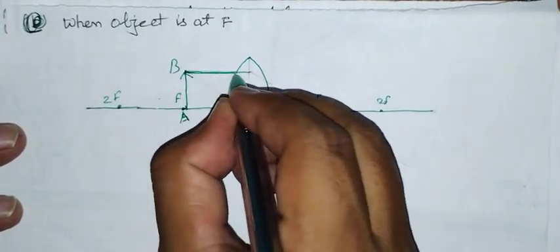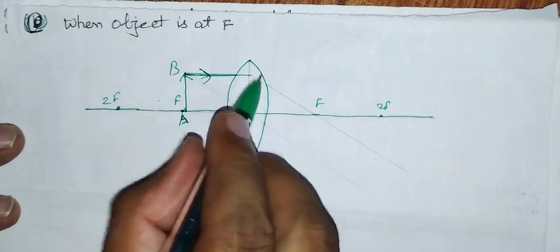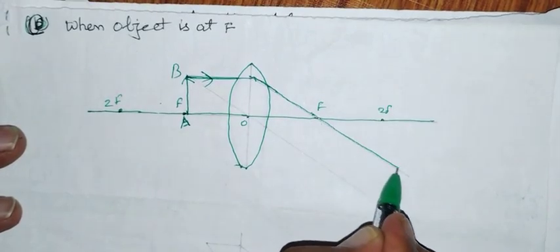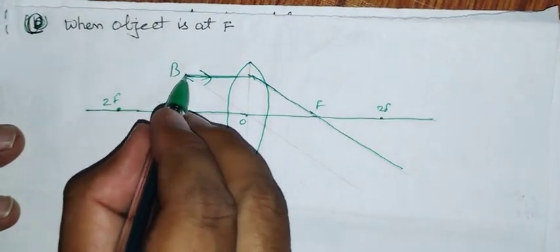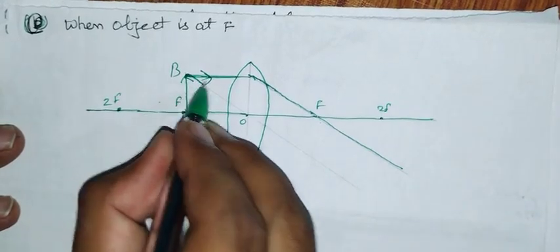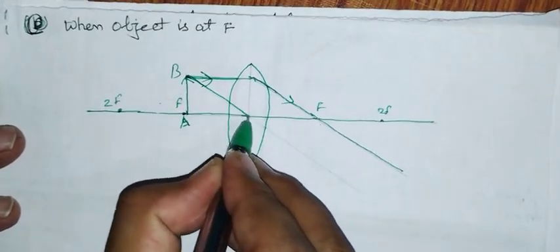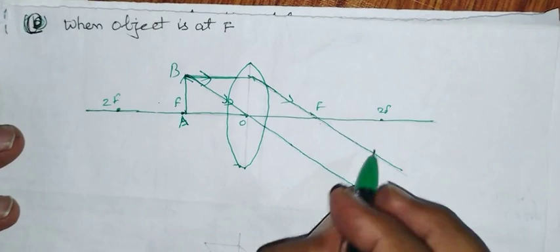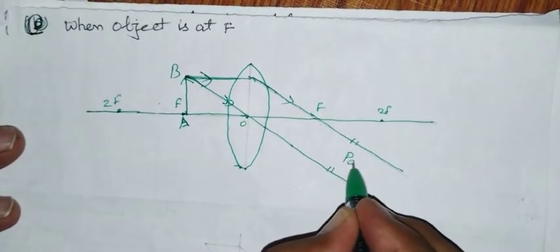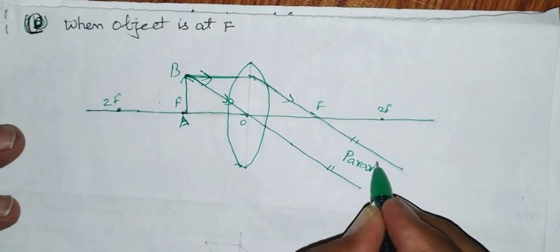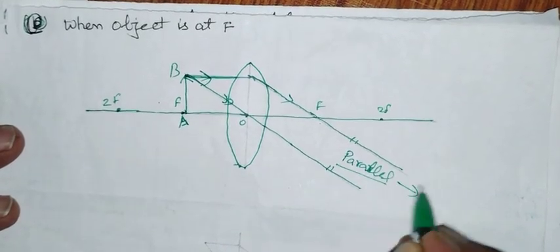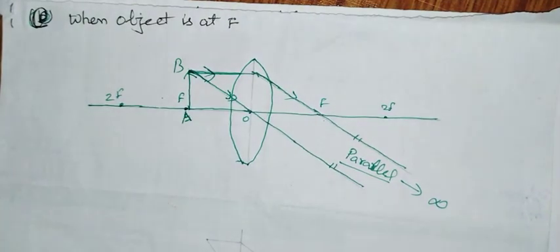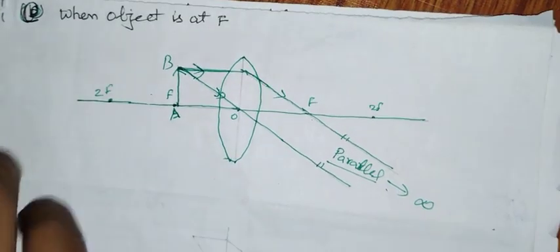First ray, same as before, parallel to the principal axis, always passes through focus. Another second ray passes through the optical center O, undeviated. These two rays become parallel. Parallel lines meet at infinity. It means the image will form on the right side at infinity.